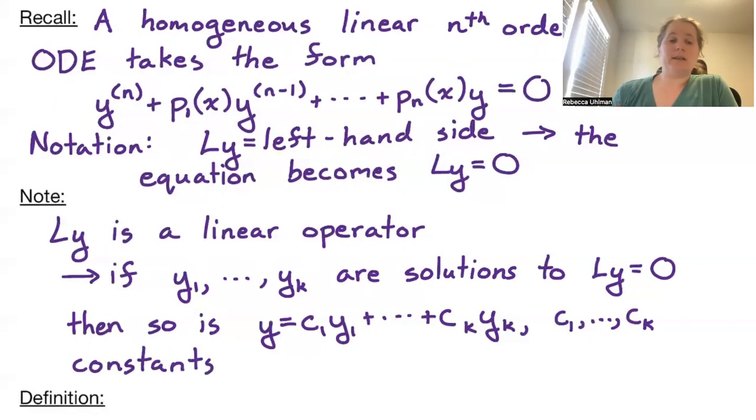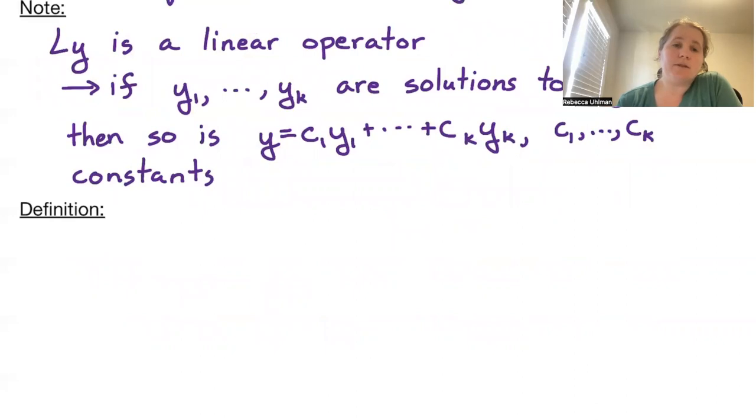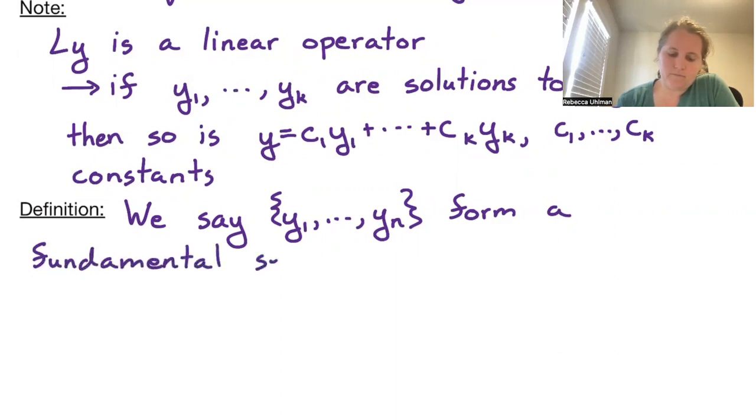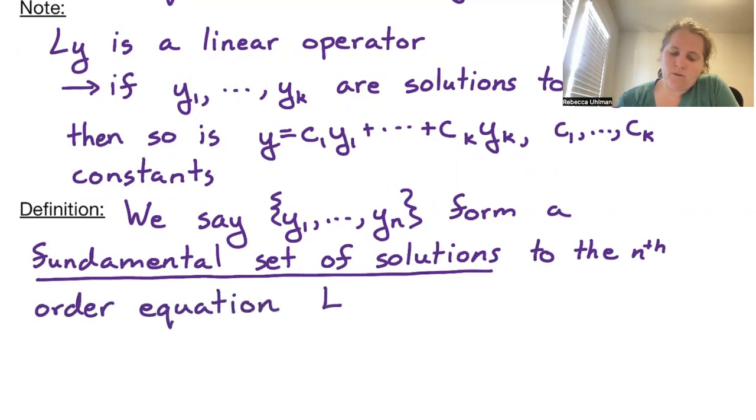So again, this lends us to precisely what we had for second order. We say y1 through yn form a fundamental set of solutions to the nth order equation Ly equals 0 if the following two things are true.